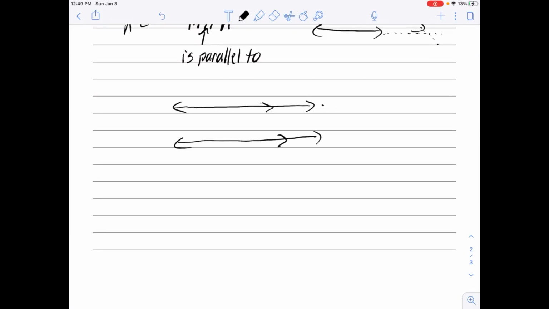I'm going to name the lines E and F. So now if I have a line intersecting those, we'll name it line G. So line G intersects lines E and F. To do corresponding angles, the first thing I'm going to do is number all of these.